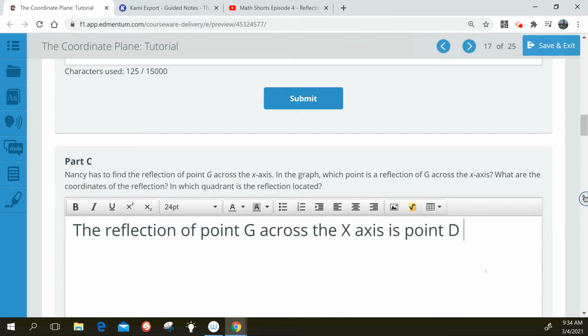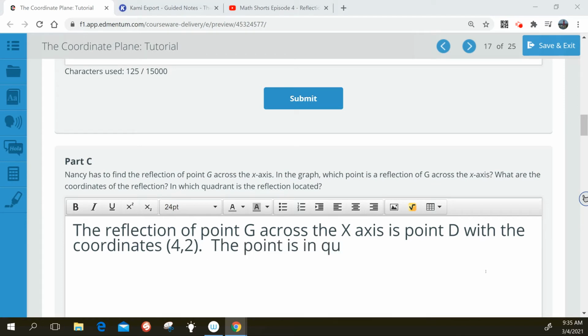Point D with the coordinates 4, 2. The point is in quadrant 1. Okay, we're going to stop with part C. Did I answer everything? Yes.